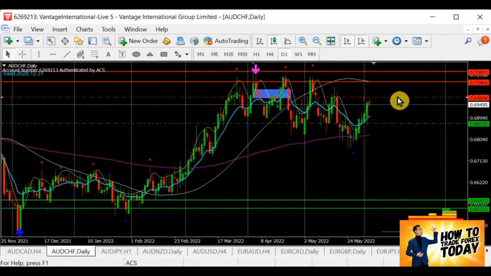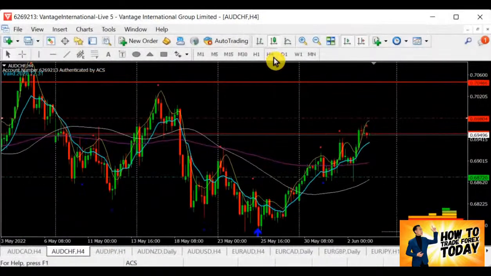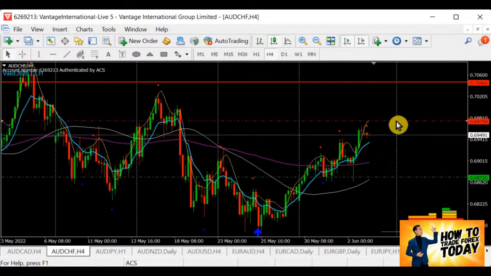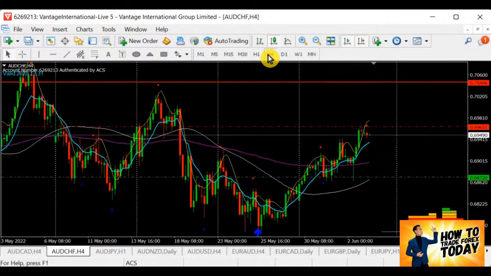So this is the lower resistance that we see. Since we are looking out for a bearish market, I would like to see this resistance over here be tested, or over here, right here, there's one more here. That's being tested, and I'm waiting for a retesting before I go for another selling.